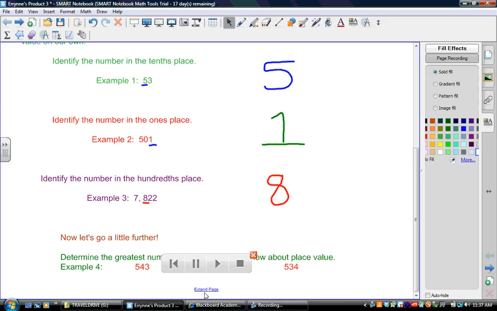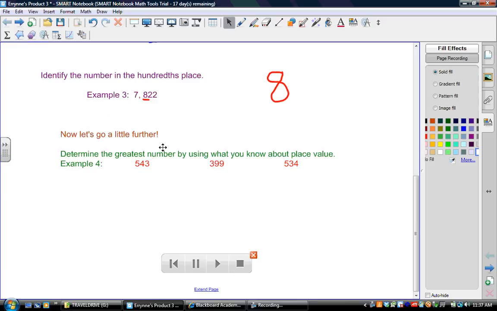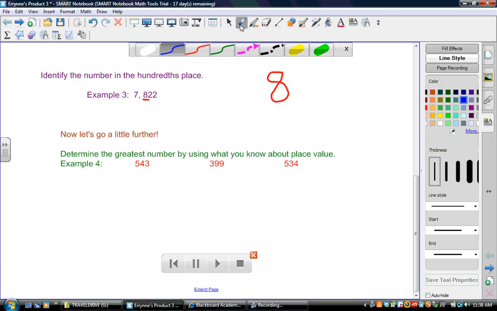Let's determine the greatest number by using what we know about place value. Okay, this is a little bit different. I want you to write down number 4 in your journals, the greatest number out of the numbers 543, 399, and 534. Identify the greatest number.